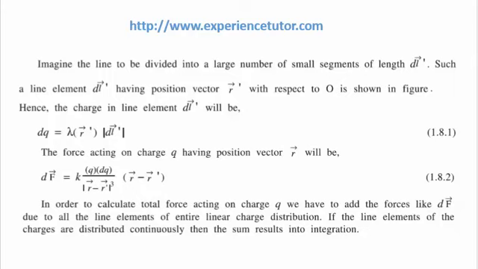Imagine the line to be divided into a large number of small segments of length dl. Such a line element dl has position vector r' with respect to O as shown in the figure.